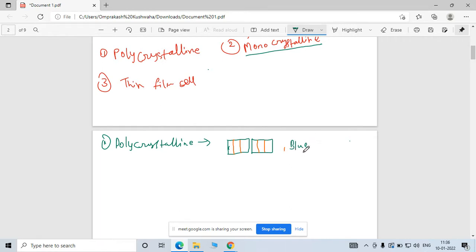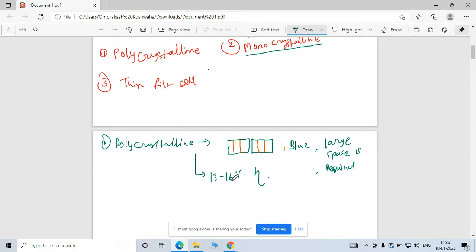And the third one is that it requires larger space. Large space is required. And its efficiency is 13 to 16%.